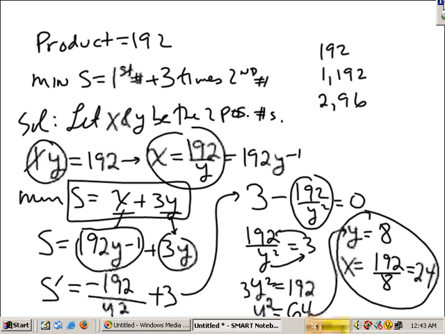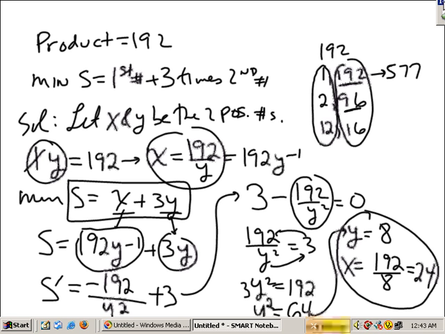You can have 12. 3 times this is 576 plus the first, 577. 3 times this is 288 plus the first, 289. 3 times this is 48 plus 12 is 60.